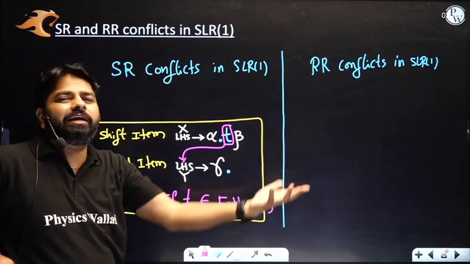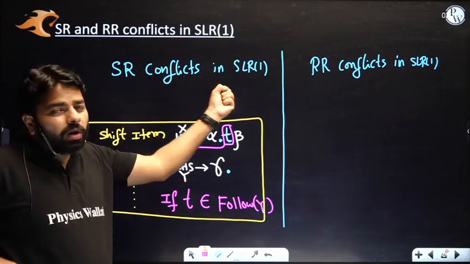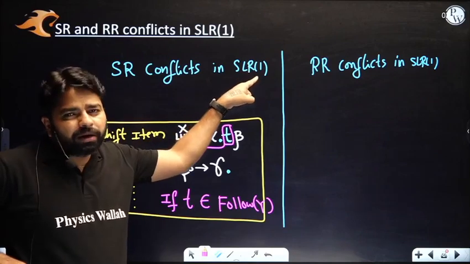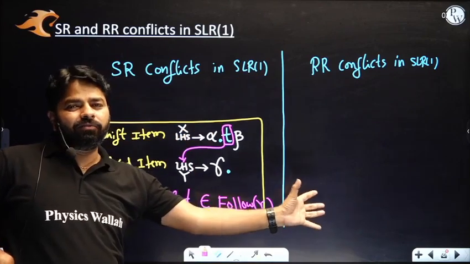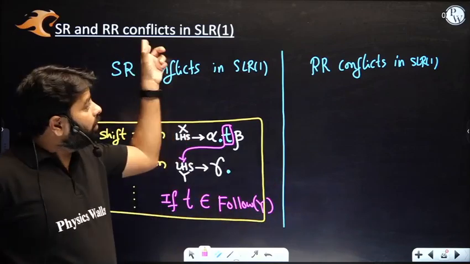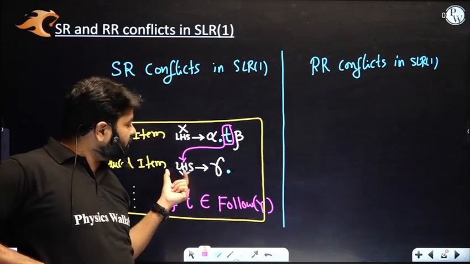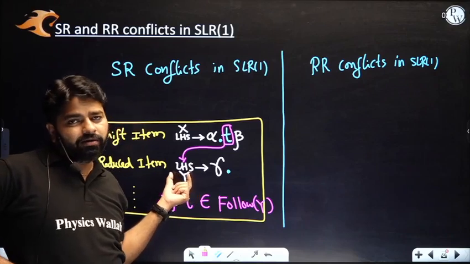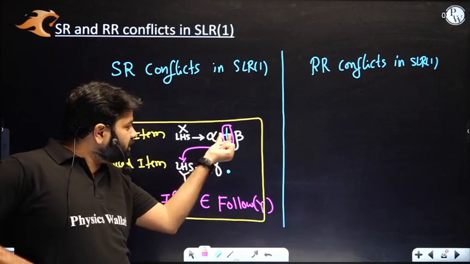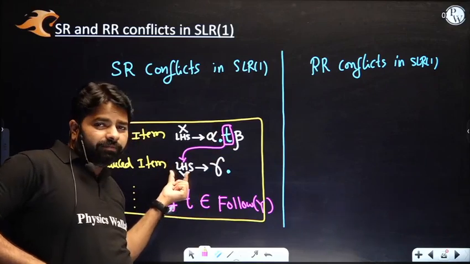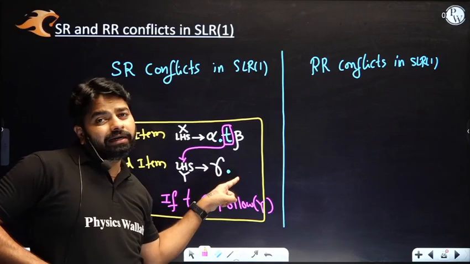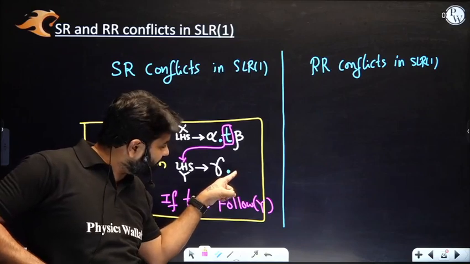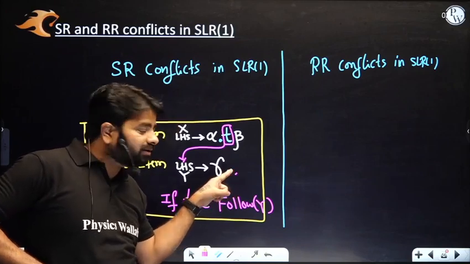It is not having any knowledge, but this is SLR1. This one is so simple. To compute the follow of Y, we don't follow the diagram or the DFA, we look at the whole grammar and compute the follow of Y from there. So if this T belongs to the follow of Y, then after the dot also T is coming. Here you don't have it, right? I want to know who comes after, so I am going for this.